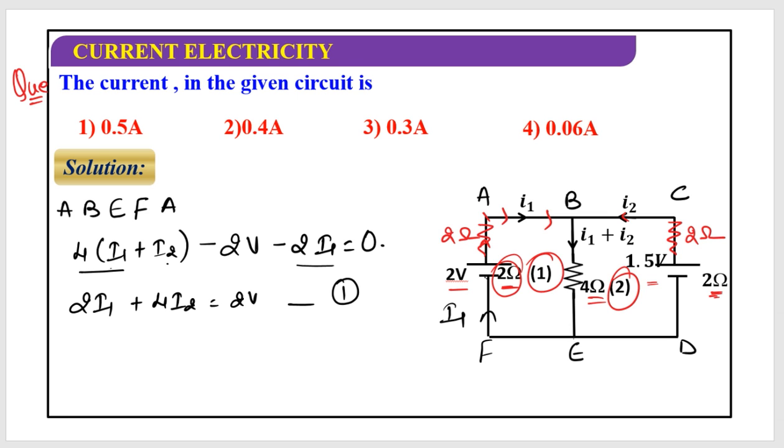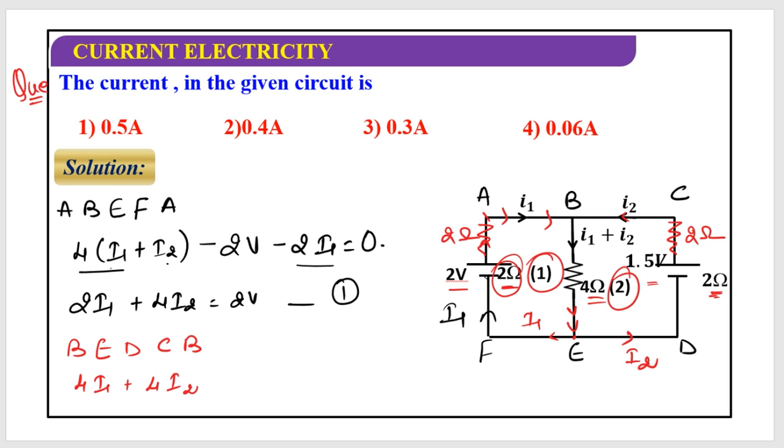Now take one more loop. Let's suppose B, E, D, C, B. Current I1 plus I2 was there. Yes, from here it has divided into I1, and from here it has divided into I2. So from B to E, it's 4I1 plus 4I2.